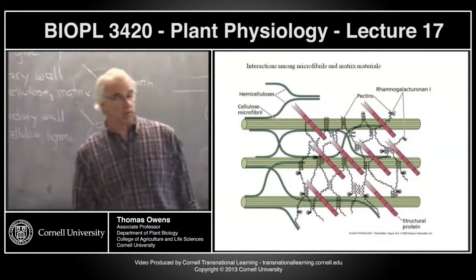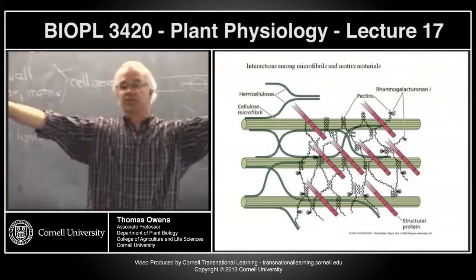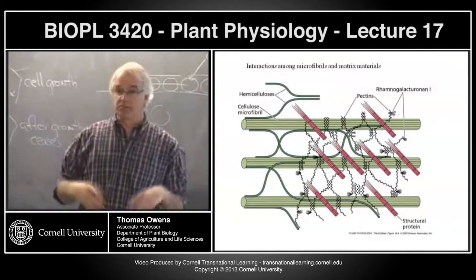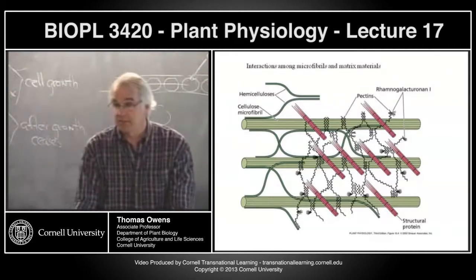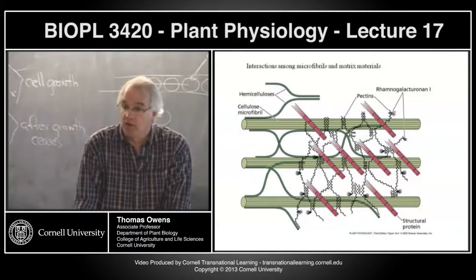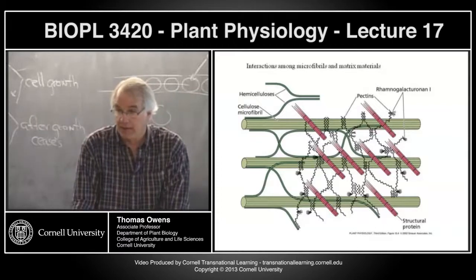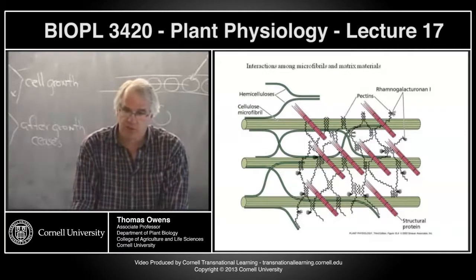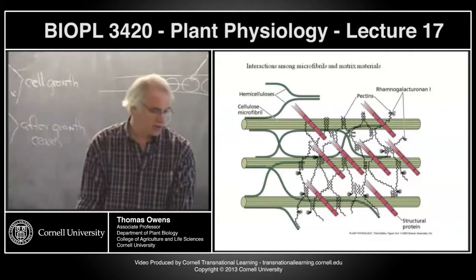But for the most part, the materials are just delivered and they sort of diffuse around until they form the right number of hydrogen bonds and then they're stuck in place. Okay, so there's not a lot of machinery that's involved in the assembly of the cell wall. It's largely automatic, based on the properties of the molecules that are being produced there. Lots of hydroxyl groups, lots of capacity for hydrogen bonding.